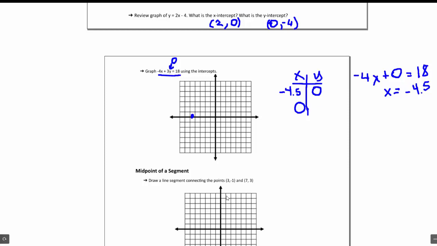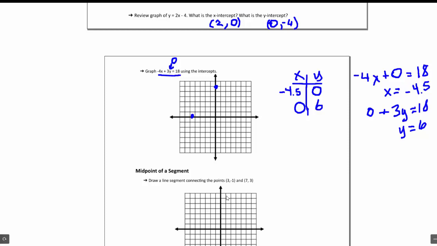Negative 4 times 0 is 0, plus 3y equals 18. So I have 3y equals 18, y equals 6. That's our second point. The x is 0, and I go up 6: 1, 2, 3, 4, 5, 6.